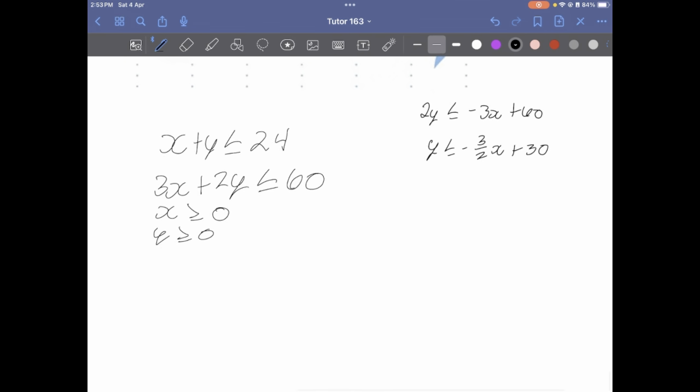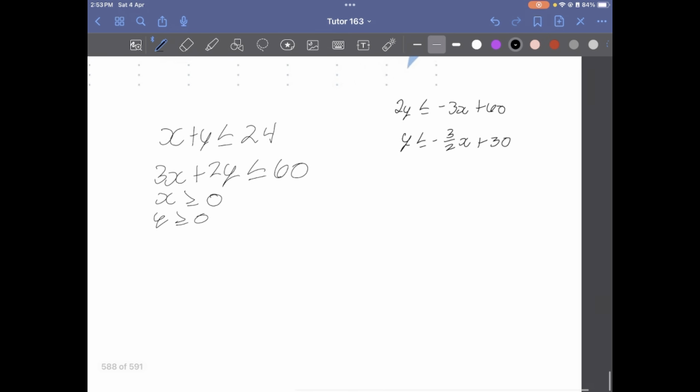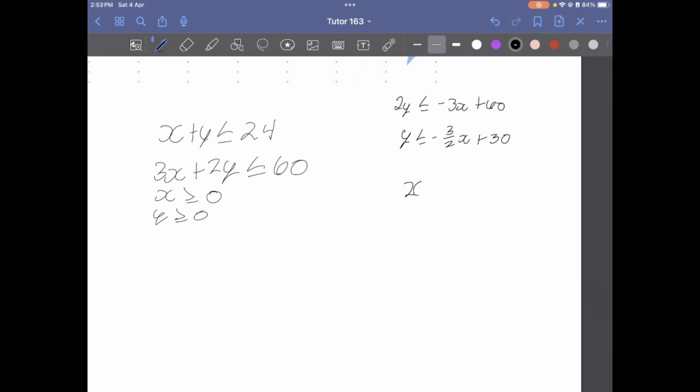So what we're going to graph is, you see X plus Y less than or equal to 24. We're going to graph X plus Y equals 24. So we solved this for Y, now we're going to solve the rest for Y. So the next one is Y is less than or equal to negative X plus 24.